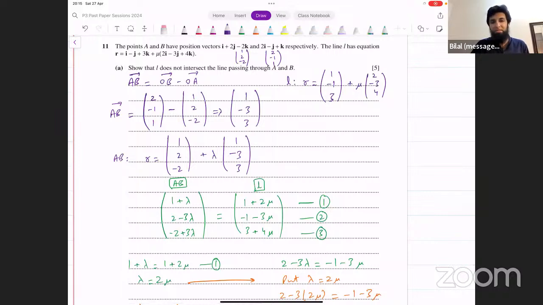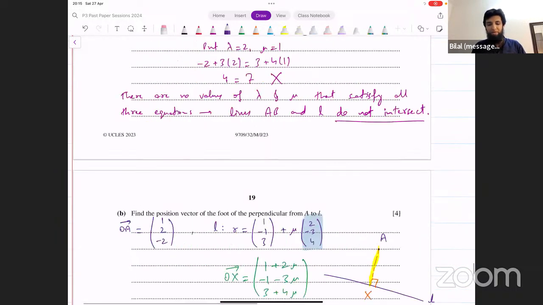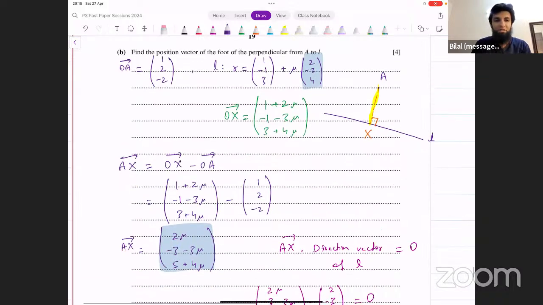This is the same thing that's repeated in every other paper over and over again. So you need to understand these methods very well. Okay, so make sure to revise this topic, do more topicals for this, because both of these parts are very standard vectors parts. You'll see them again and again in topical course papers.